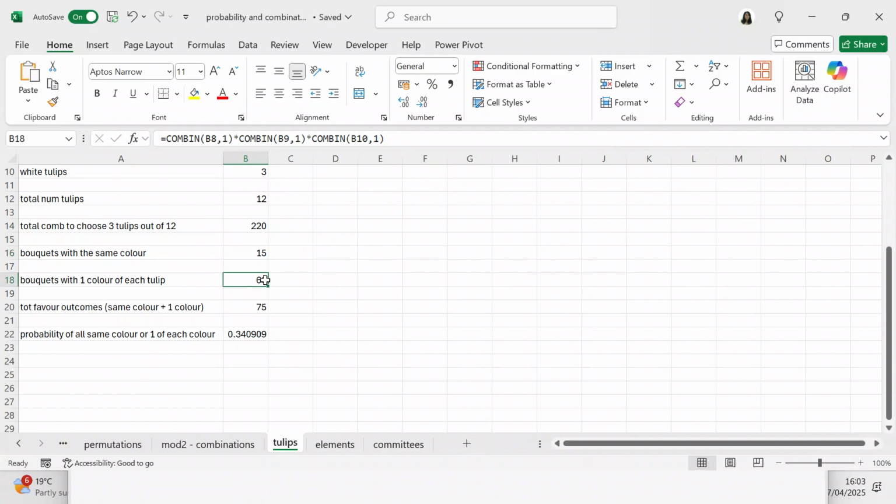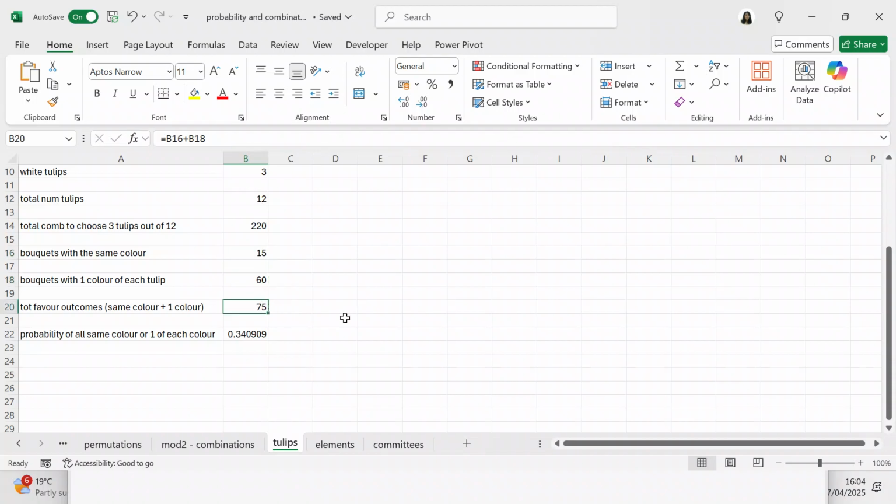Now you've got the question, bouquets with one tulip of each color equals COMBIN(B8, 1) times COMBIN(B9, 1) times COMBIN(B10, 1), and that gives you an outcome of 60.